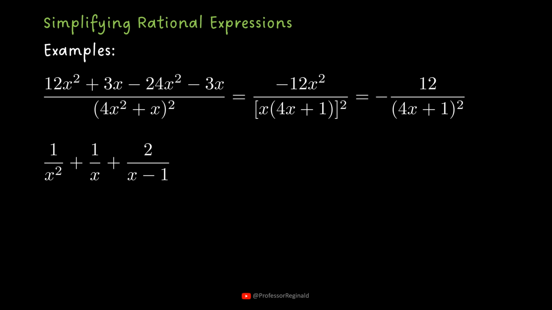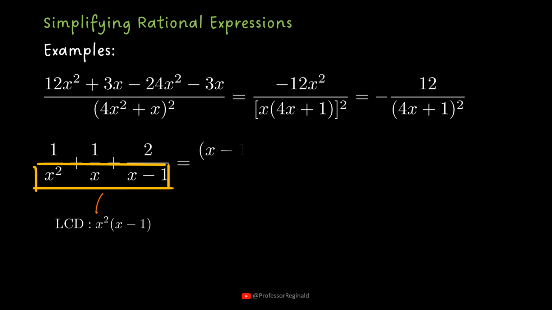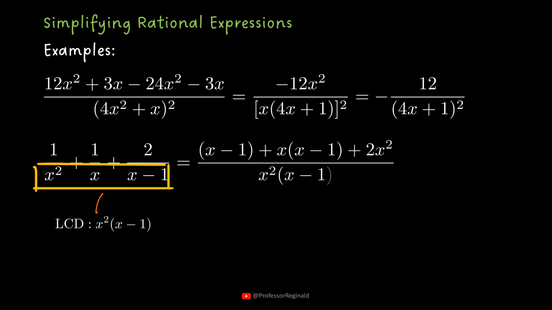A rational expression can also be simplified by combining multiple rational expressions into a single rational expression using the least common denominator method. To verify if the combined rational expression is correct, divide each term of the numerator by the least common denominator.